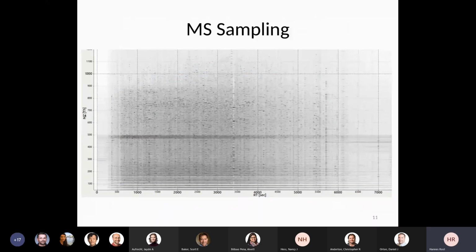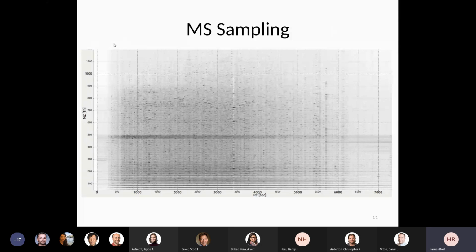And this basically started with the realization and observation of how a mass spectrometer samples the retention time in mass to charge space.